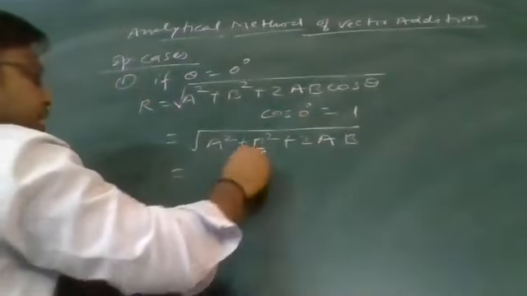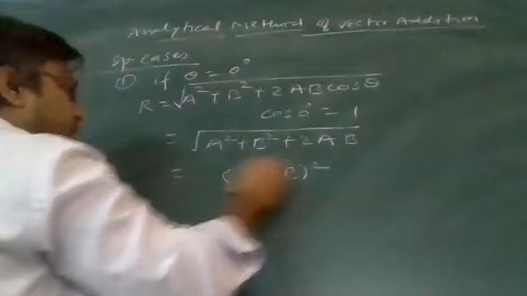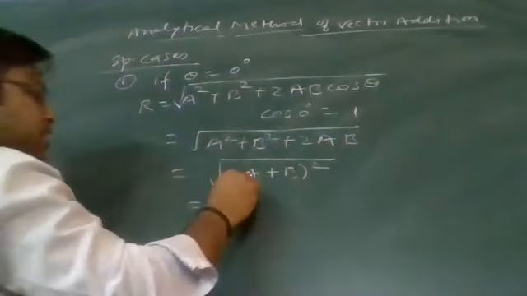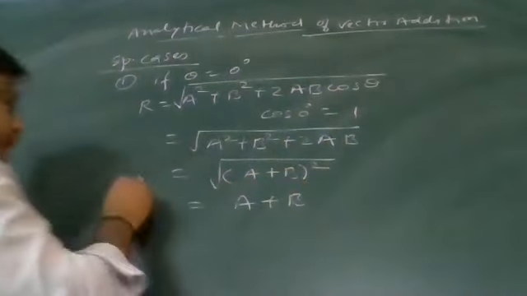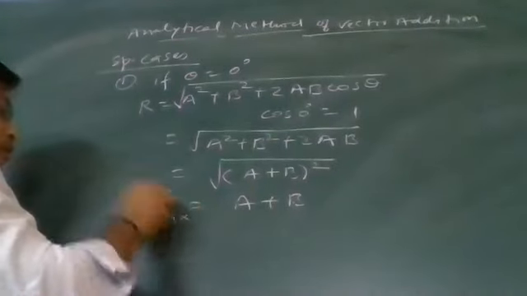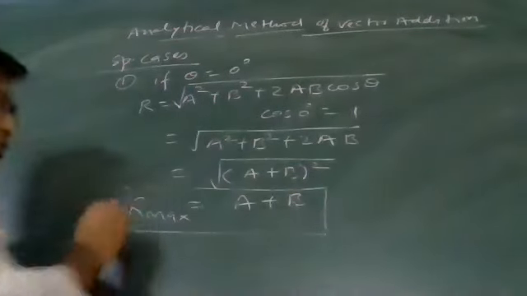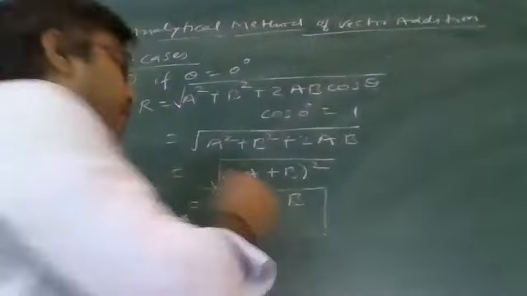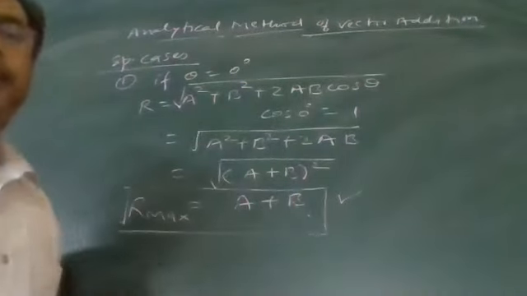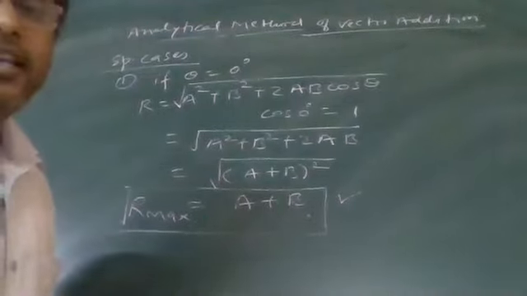That means it can be written as A plus B whole square, and square root of it. So the result is A plus B. This is the maximum value of magnitude. When both vectors are present in the same direction, at that moment the magnitude of the resultant is maximum.